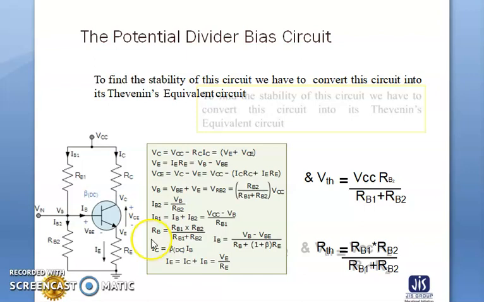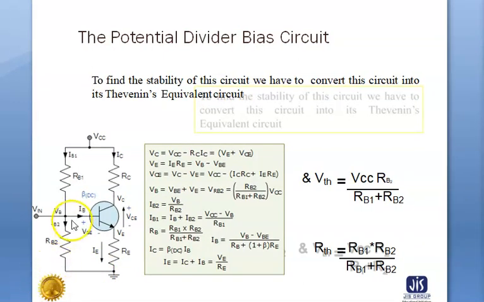Okay. To calculate the voltage developed across resistor RB2, and therefore the voltage applied to the base terminal, we simply use the voltage divider formula for the resistors in series.